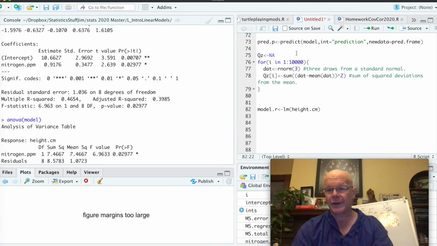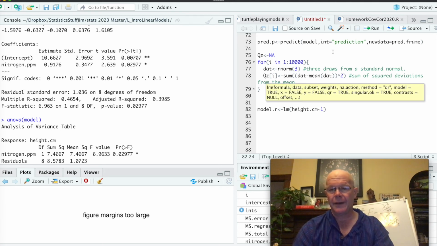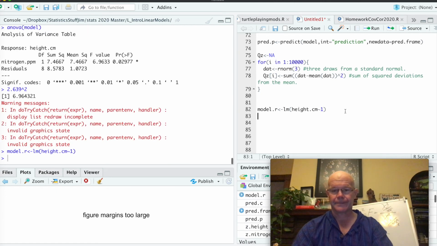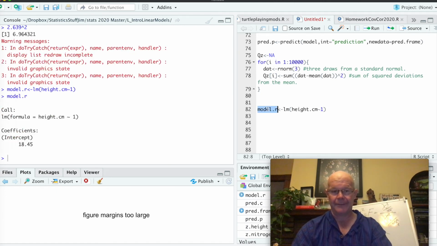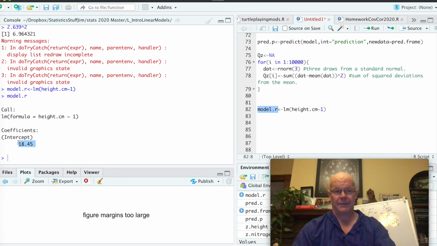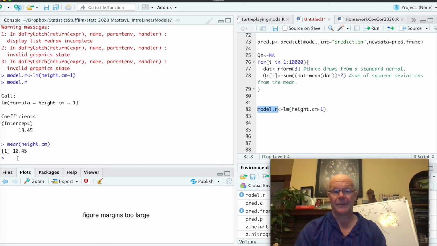But then if I just did that little squiggly and I put 1 there, what that's telling R to do is don't estimate a slope, only estimate the intercept. Because the slope is not in there, the intercept then is the exact same thing as the mean. So if I were to say, what is the mean of height in centimeters? It's the exact same value.